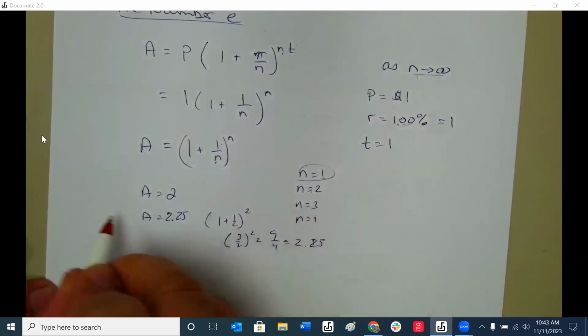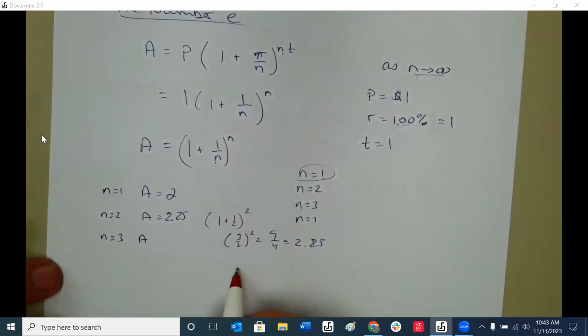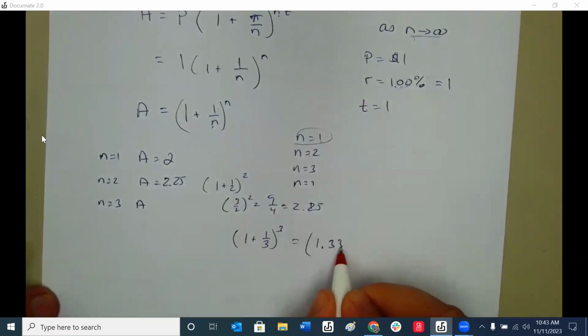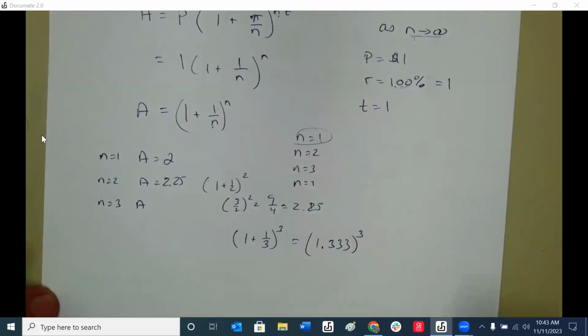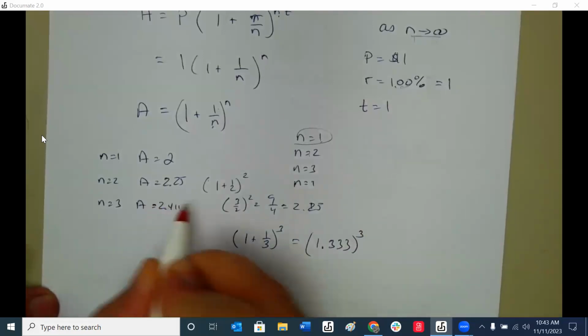When n is 3, we have 1 plus 1 over 3 to the power 3. 1 over 3 is 0.3333, to the power 3 is 2.41 something.